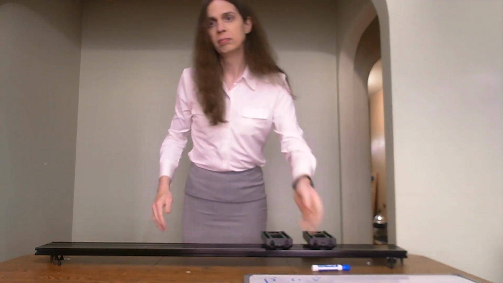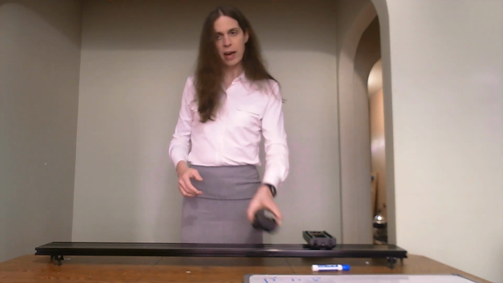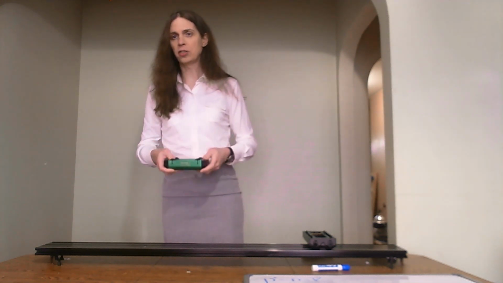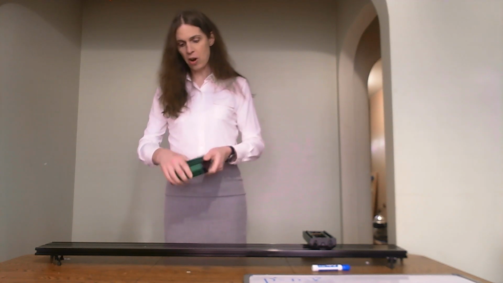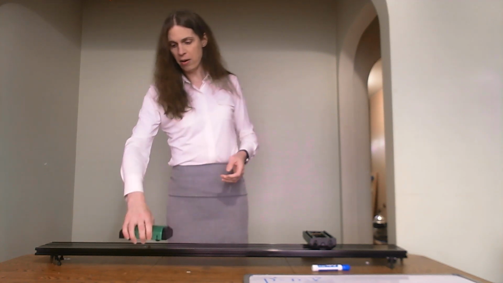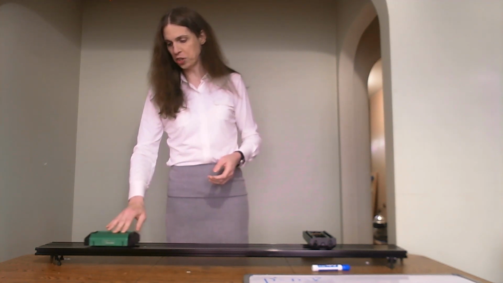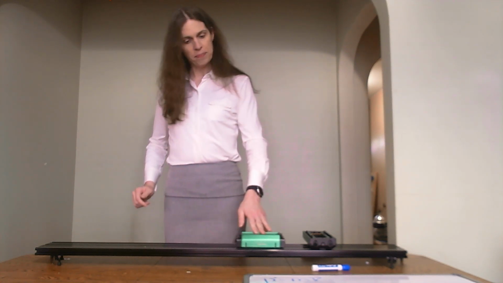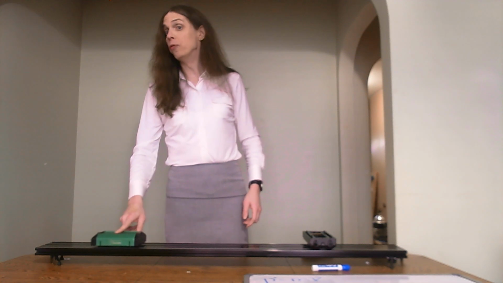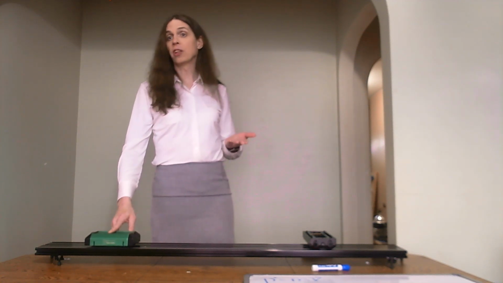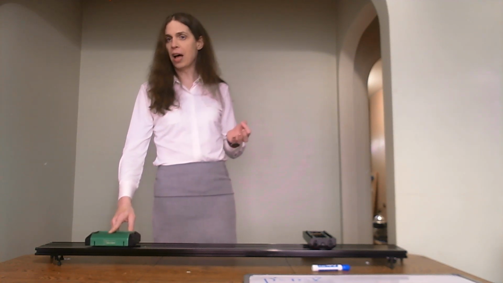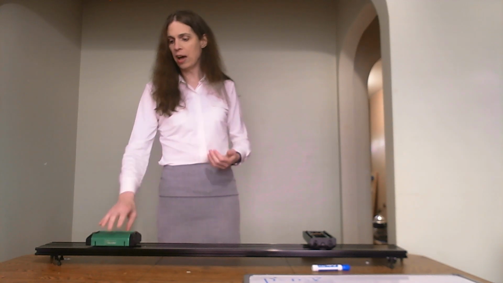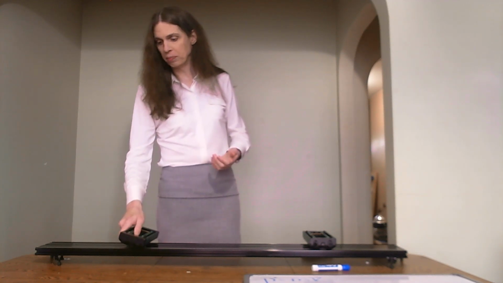And we're going to take a look at that with these carts here. So these carts have fairly low friction bearings on them, which means they can coast along with very little acceleration and very little change in velocity until I do something with my hand.